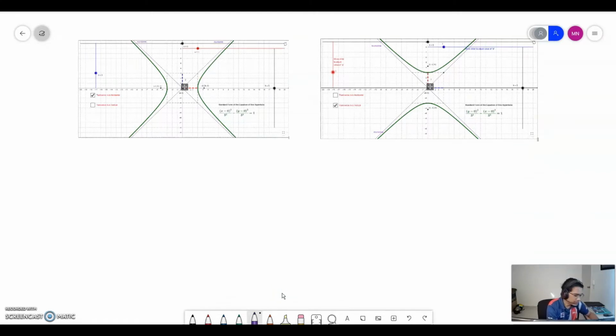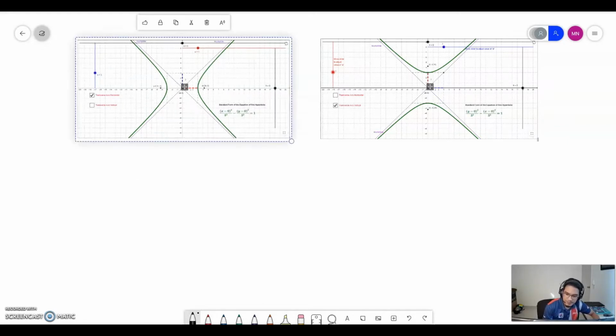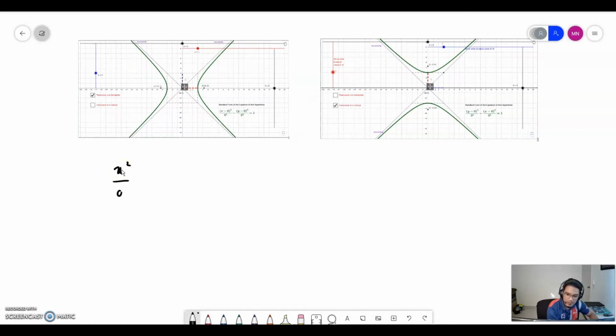Then the equations for the hyperbola. For the hyperbola on the left side, where the major axis is horizontal, the equation will be x squared over a squared minus y squared over b squared equals 1. The difference is that now we have a negative in our equation.